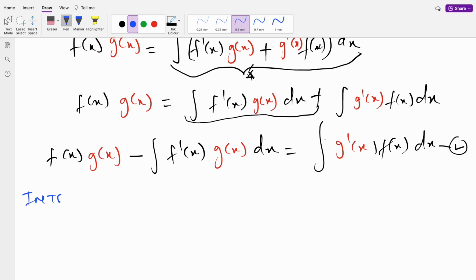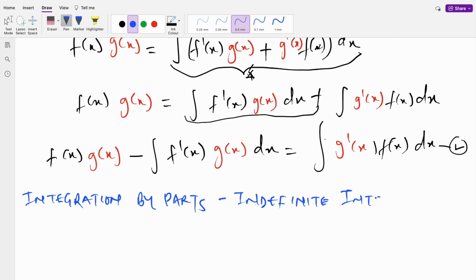So this is integration by parts, indefinite integral. Indefinite integrals are integrals that are without bounds. So here we are not having any bounds.